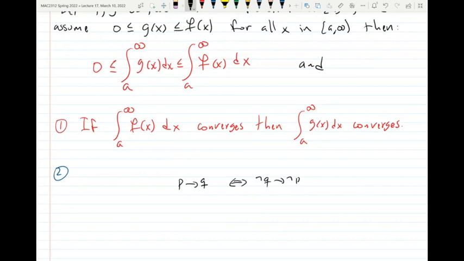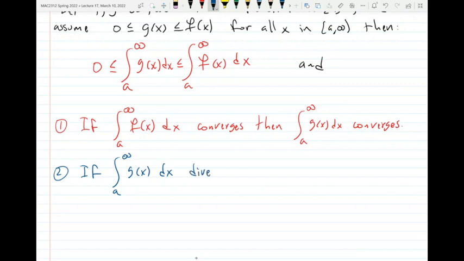But I want you to understand that number 2 is exactly the same as number 1. It's just being said differently, okay? So if the integral from a to infinity of g, this time the small one, diverges, then the big one diverges.